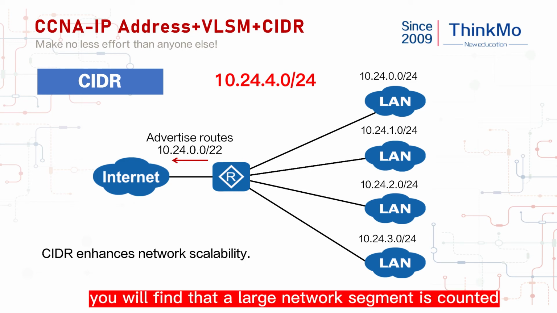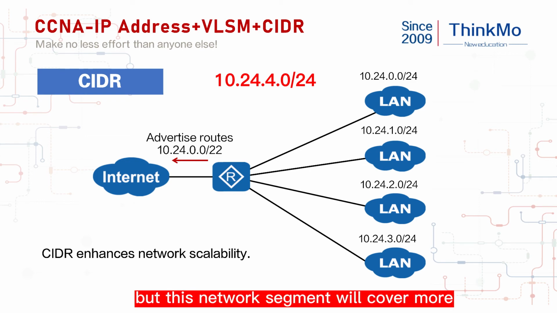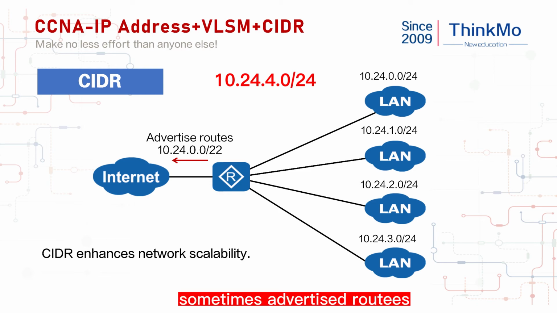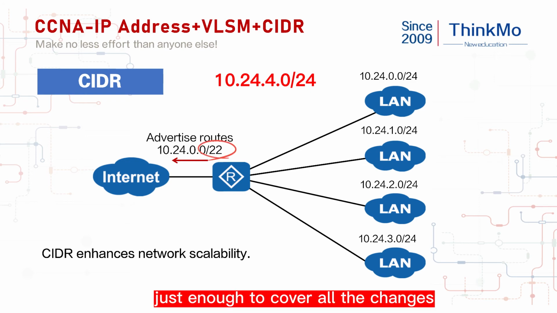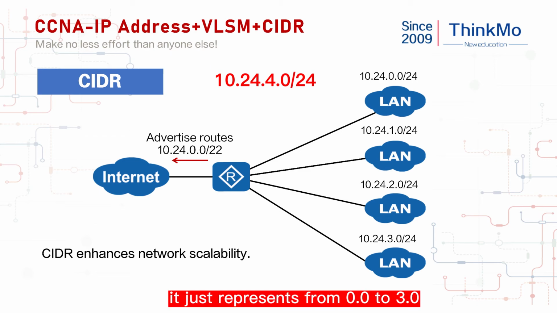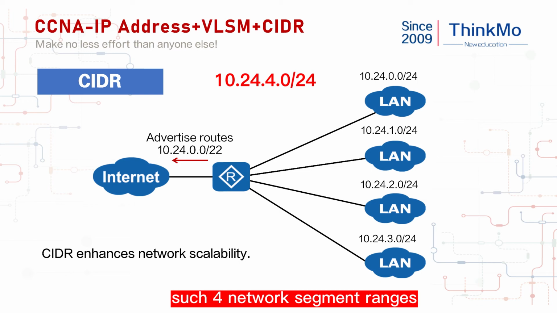You will find that a large network segment is counted, but this network segment will cover more. For example, it will cover 5.0, 6.0 and 7.0. Sometimes advertised routes are not so rigorous. A 22-bit mask is just enough to cover all the changes. It just represents from 0.0 to 3.0, such 4 network segment ranges.